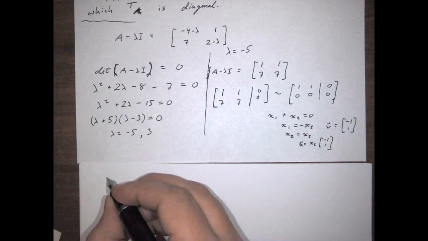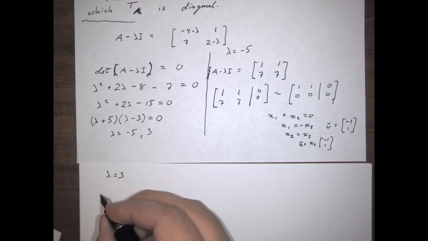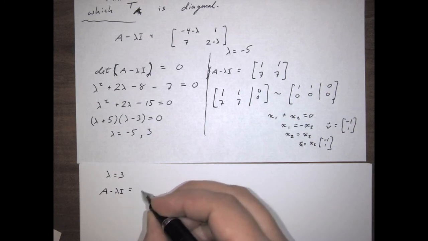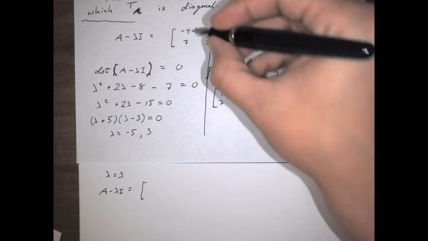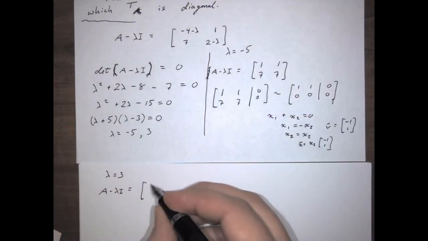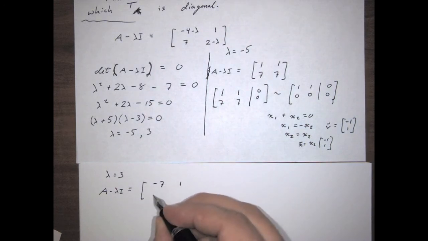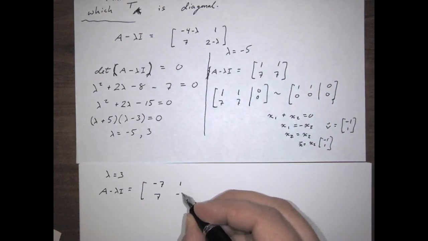And then if we repeat, but for lambda equals 3, then A minus lambda I is going to equal, so we again just look at this and put in a 3, so it's going to be negative 7, 1, 7, and then down here we're going to have negative 1.